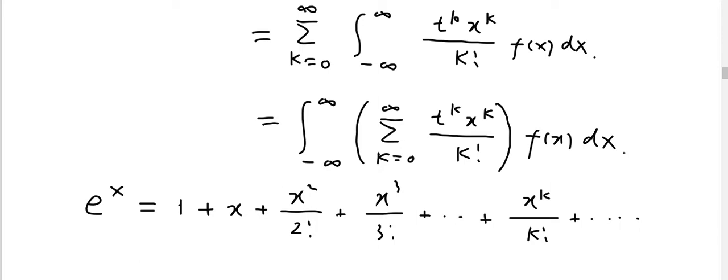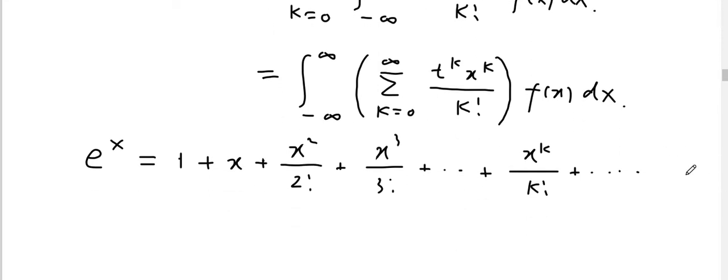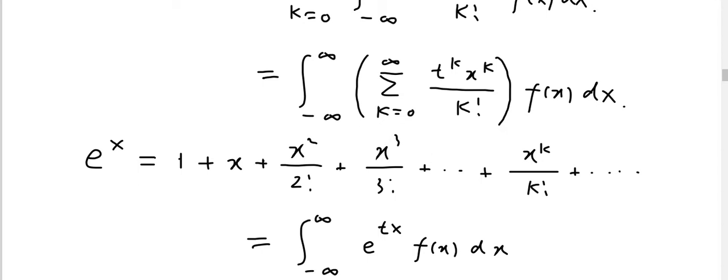So we know the inside is just e^{tx}, right? Okay, so we say this summation is just e^{tx}. So we say this equals the integral from negative infinity to positive infinity of e^{tx} f(x) dx, right?